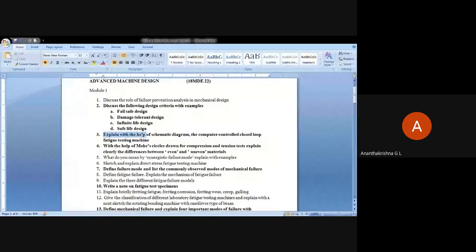Okay, note down the second question. Explain with the help of a schematic diagram the computer controlled closed loop fatigue testing machine.